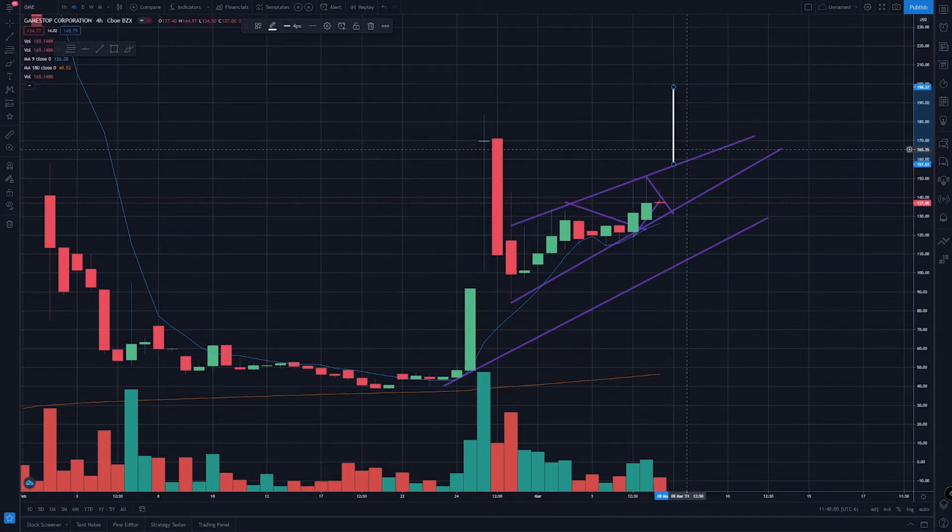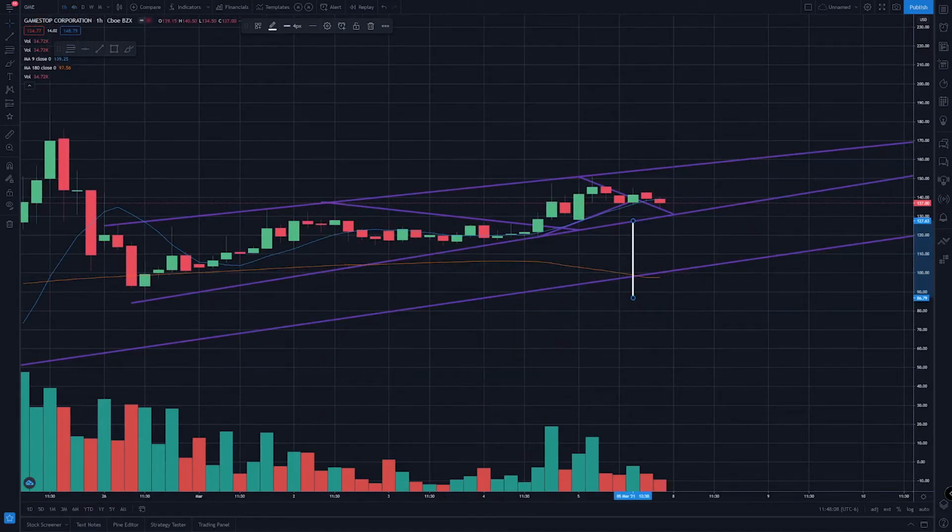And if we break to the downside, it would be the same thing, just going downward. So maybe something like that, and then we can look for support. Maybe this 180 moving average comes into support on this trend line right here. So maybe look for support on this 180 moving average and this trend line that's below us.